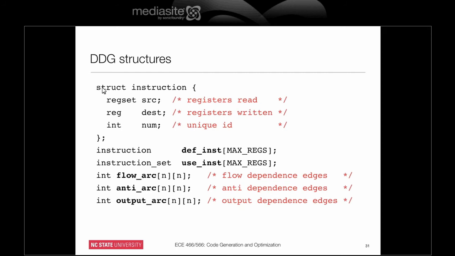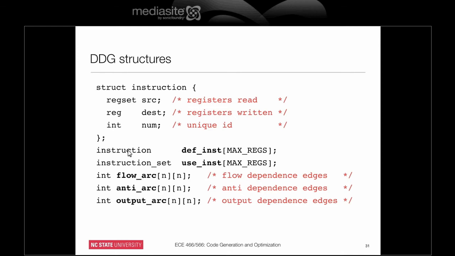Okay, so here's what our data structures would look like. I'll have this struct instruction for all the different LC3 instructions that I'm showing you. I have one field representing all the source registers. I have another field representing the destination register. And then I have the number that represents the unique ID number for the instruction.